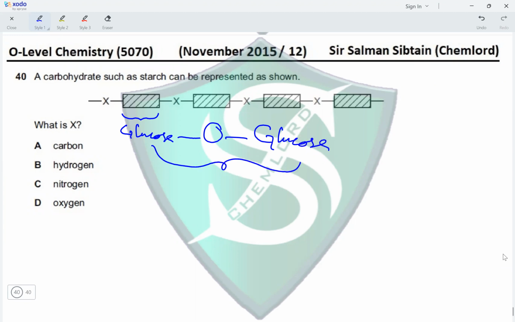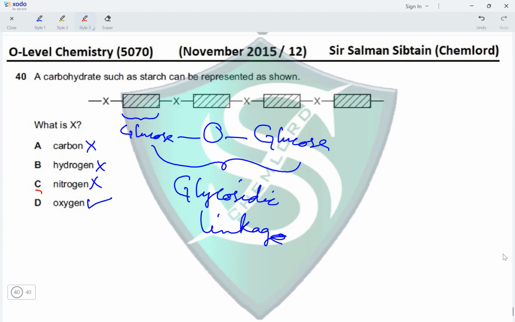This is known as a glycosidic linkage. So, an oxygen atom connects two glucose molecules. So, what is X? X is oxygen, making option D the correct option for this question.